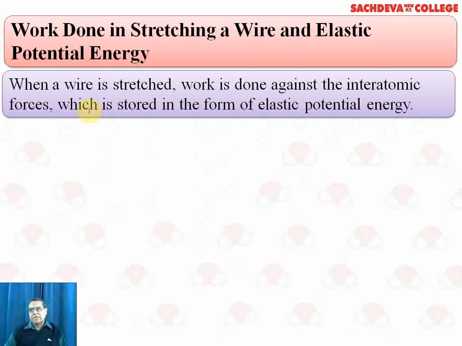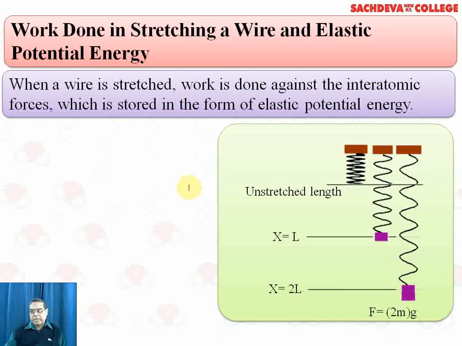So distance increases and force will be the weight, that is mg multiplied by L, and that mg multiplied by L is stored in the wire in the form of elastic potential energy. So I am repeating it: when a wire is stretched, work is done against the interatomic forces, which is stored in the form of elastic potential energy.